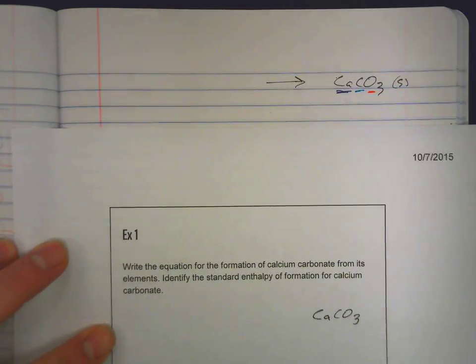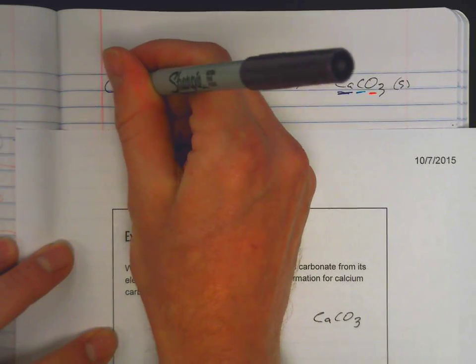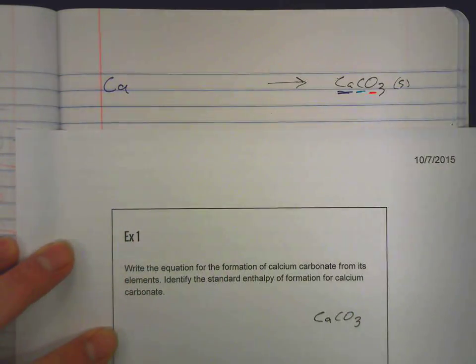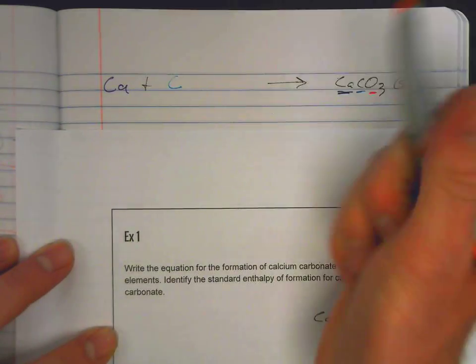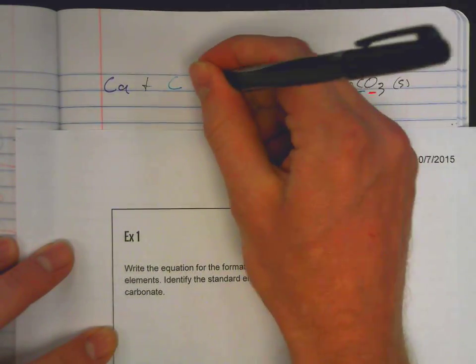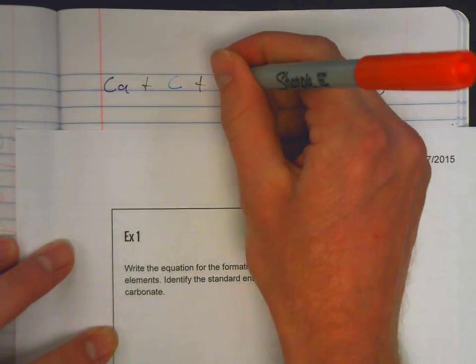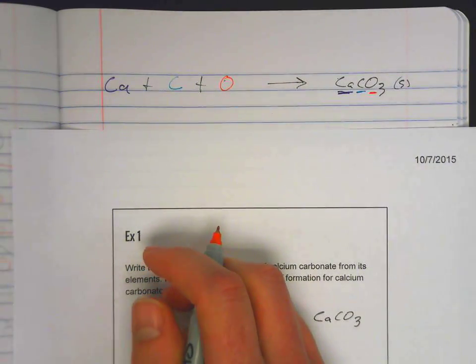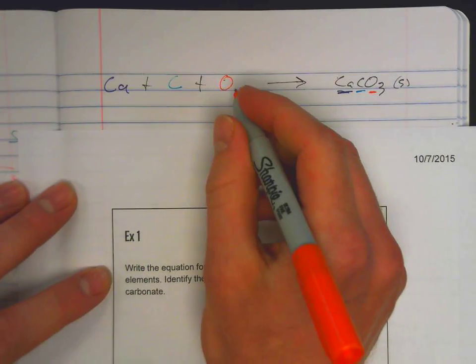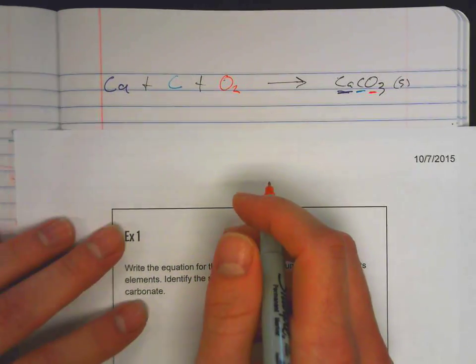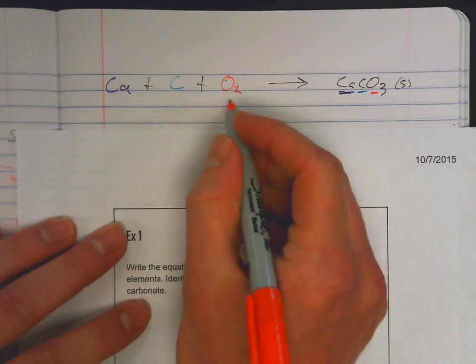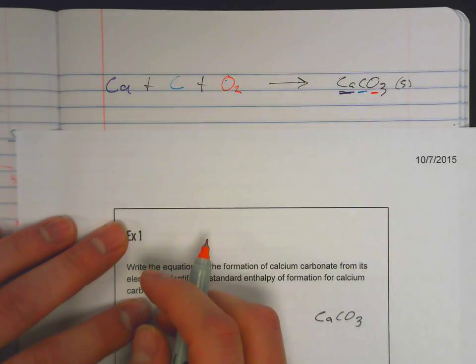We have calcium plus the carbon plus oxygen. Now, for oxygen, the standard state is O2. So that's the elemental form of oxygen since it's diatomic.